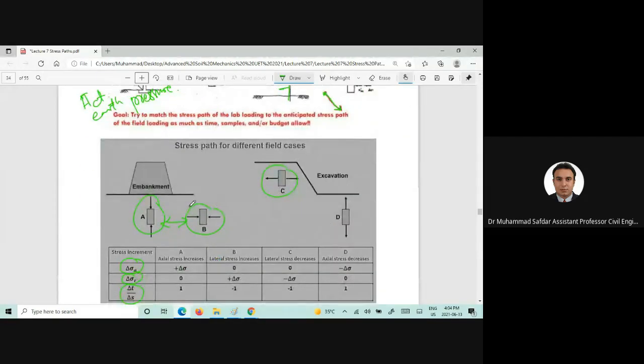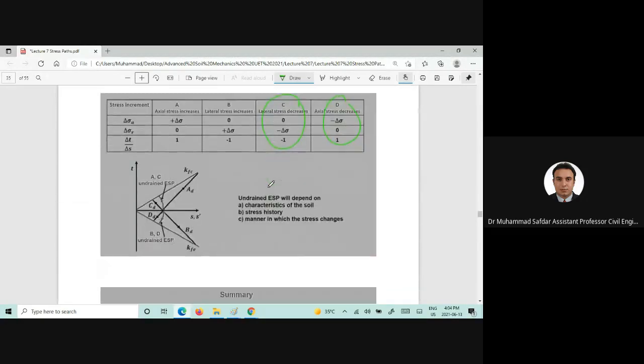So the practical application of the stress path is explained in these slides.